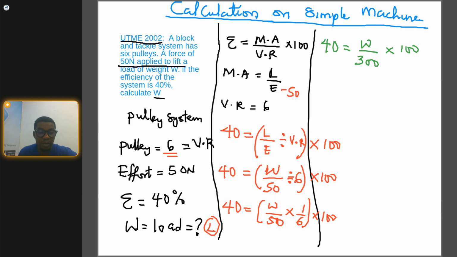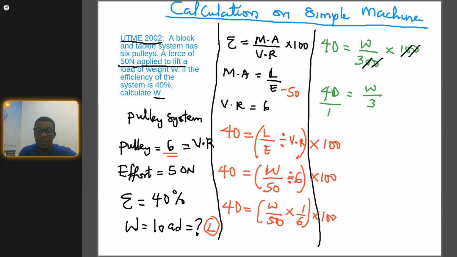So 0 cancels 0, and 0 cancels 0. We are left with the value 40 equals to W over 3.